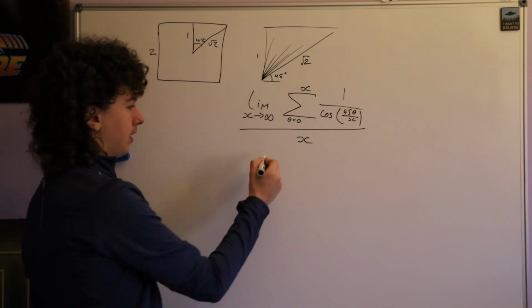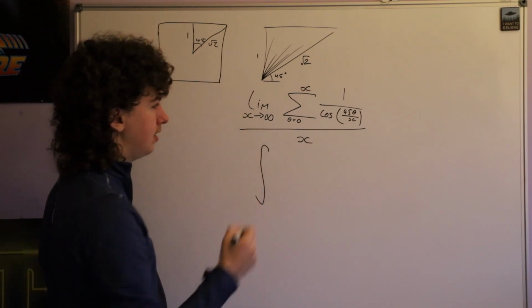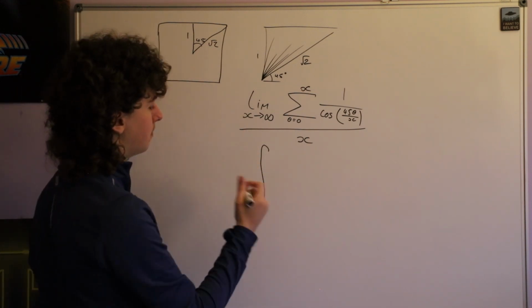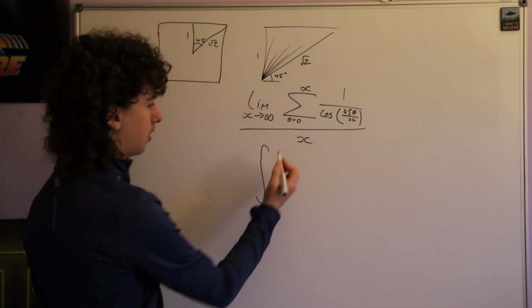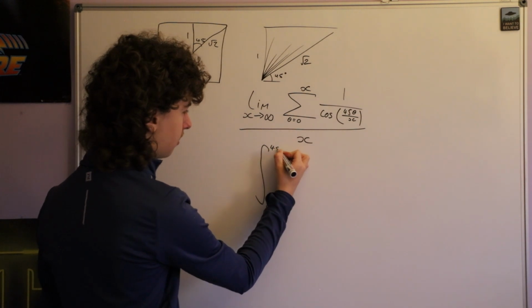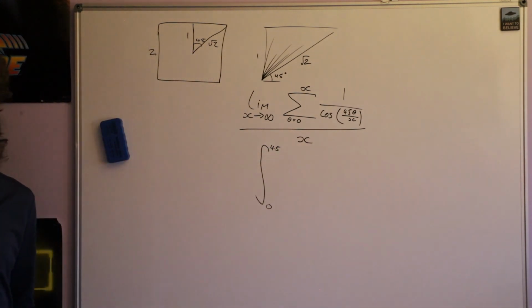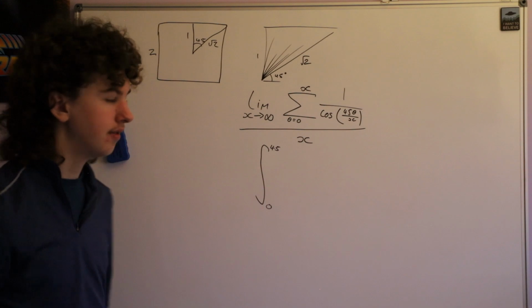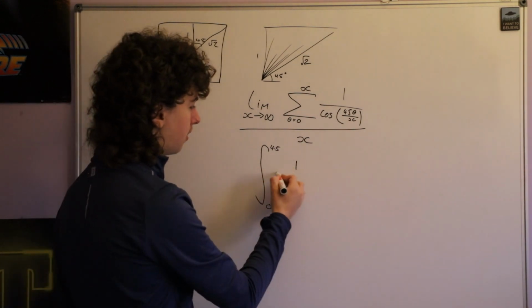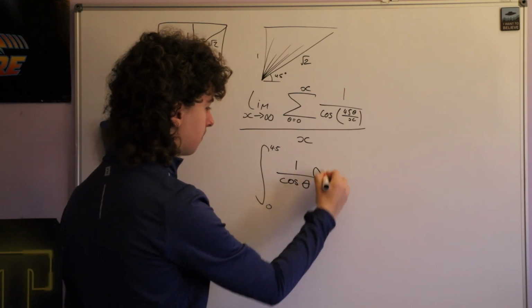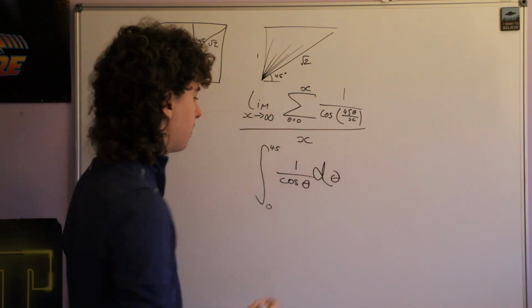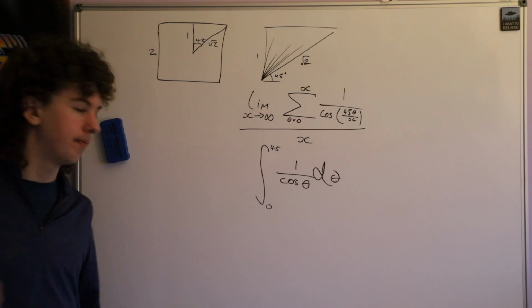What we're really doing is integrating between theta being equal to 0 and theta being equal to 45 of 1 over the cosine.